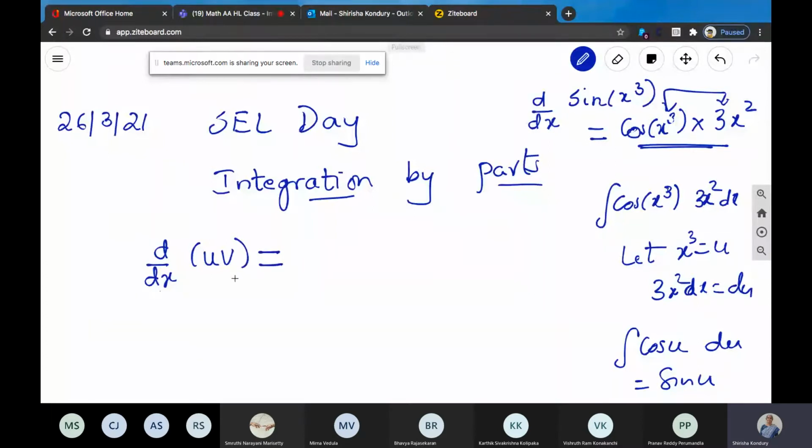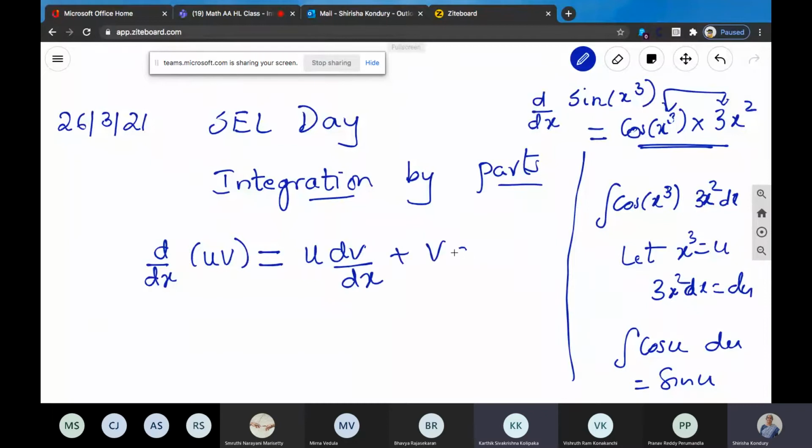Can somebody, Karthik, can you tell me what the product rule says in derivatives? In the UV form? Yes. Ma'am, is it U dash V plus derivative of U into V, plus the derivative of V into U?